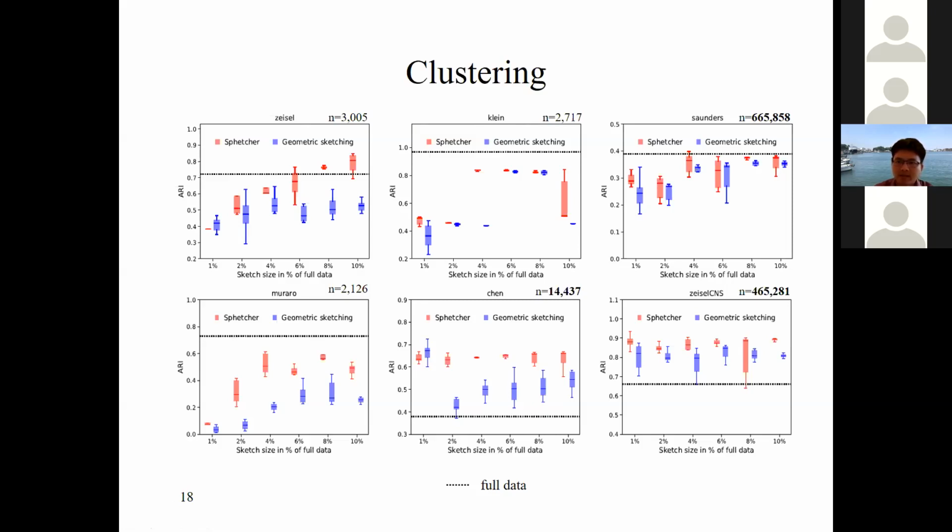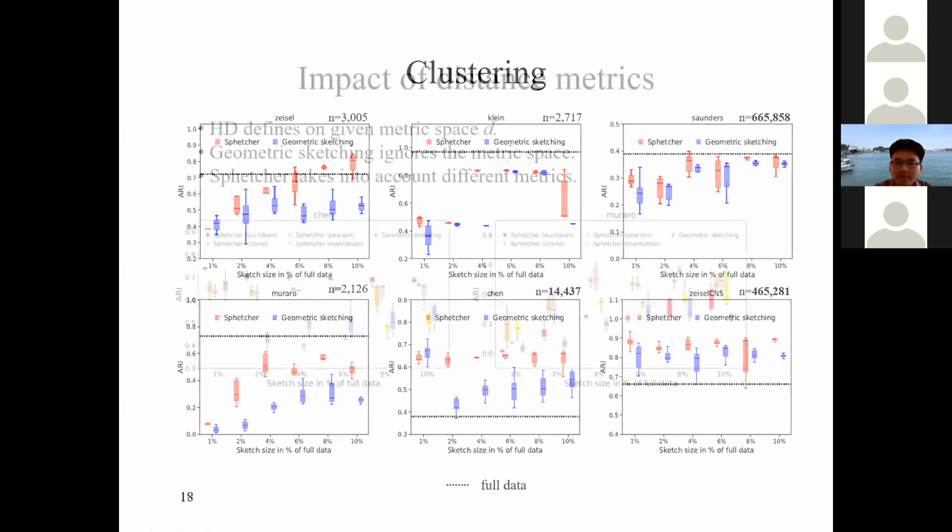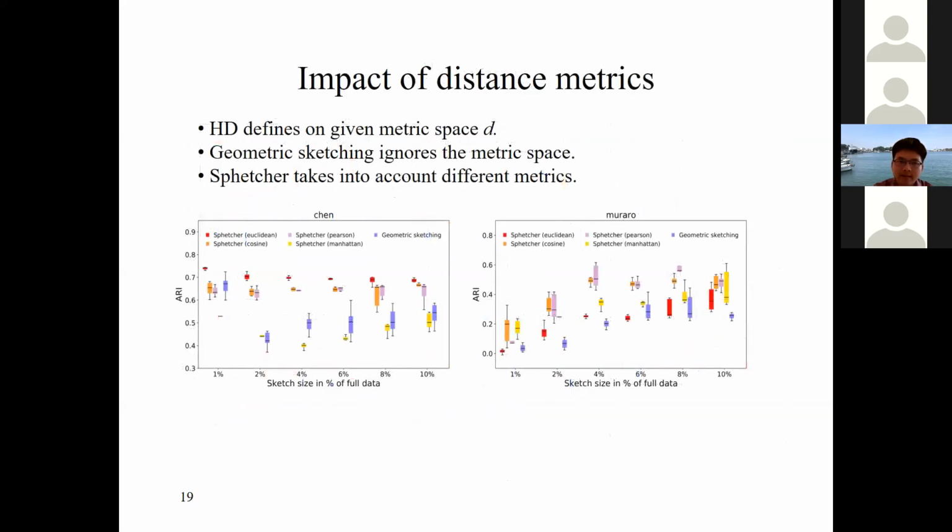Actually, this observation is consistent with the assumption of more balanced composition in the sketch. The out distance is defined on a given metric space D, but symmetric sketching ignores the metric space, while our method takes into account the different metrics. And here we want to show that the choice of metric is important.